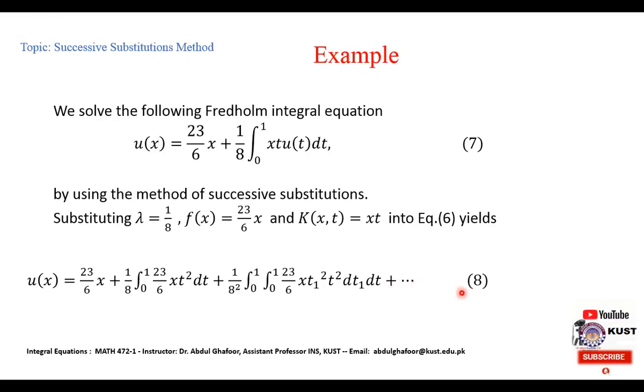Now in this slide we first evaluate this double integral. In a double integral we first evaluate the internal part, so we take t square and also 23 by 6x out of the integral sign, because this internal integral is with respect to t1, so t square and x and 23 by 6 are like constants.